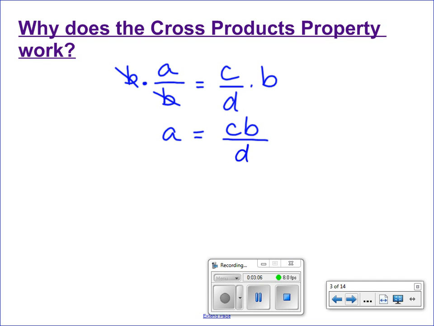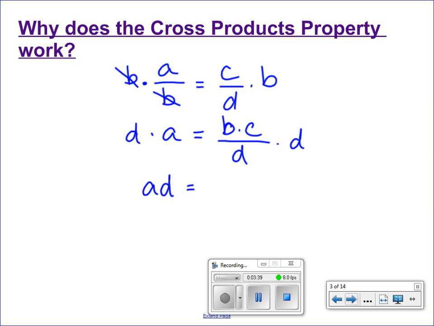All right, on the left-hand side, my B cancels out, and that leaves me with A equals C times B all over D. Actually I'm going to turn this around just so that it'll look like it does in the book, and since C times B, we're going to put B times C, same thing, all over D. Now, we want to get D out of the denominator, so we're going to multiply both sides by D. On the left-hand side, D times A is AD.